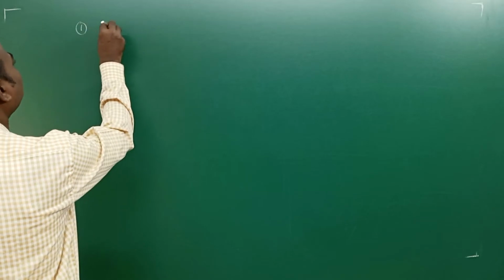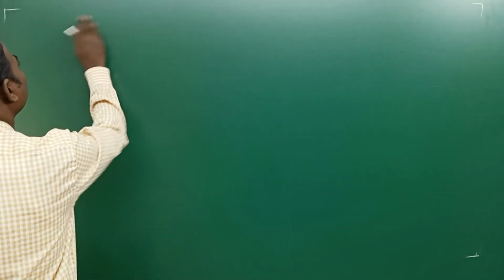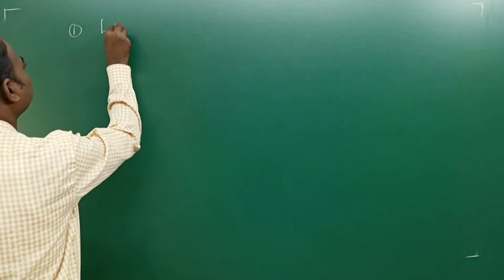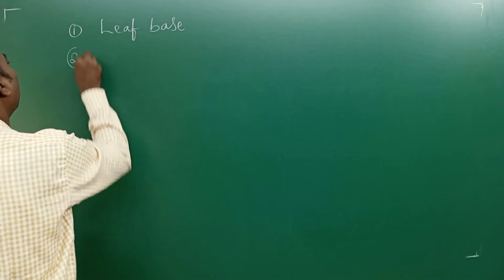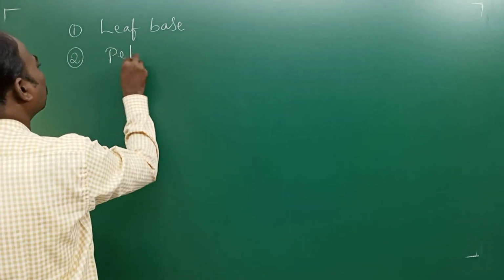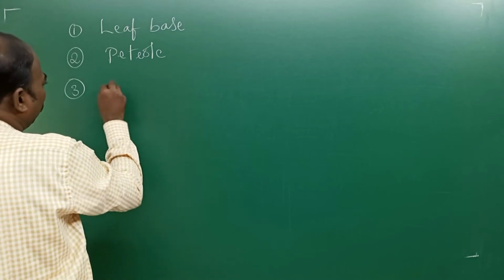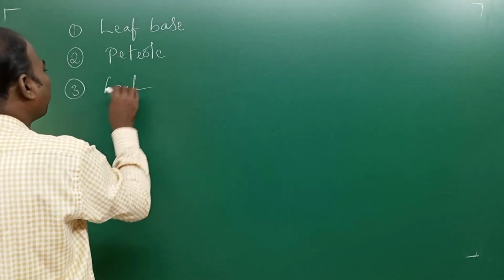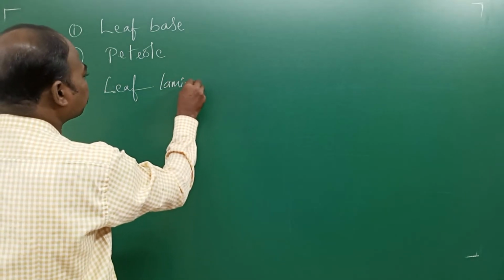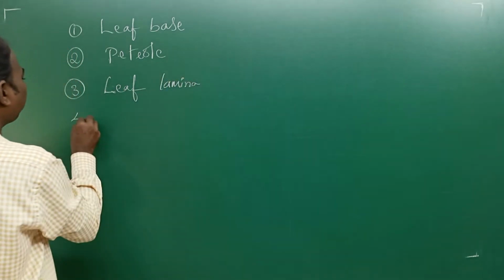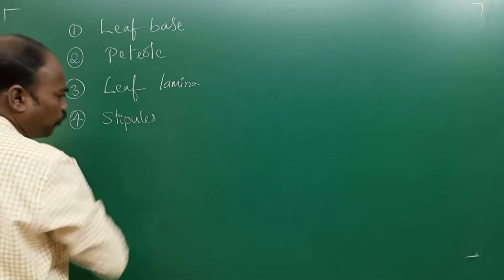We discussed the base of the leaf, the petiole, the stalk of the leaf, then the leaf lamina or blade, then the stipules.